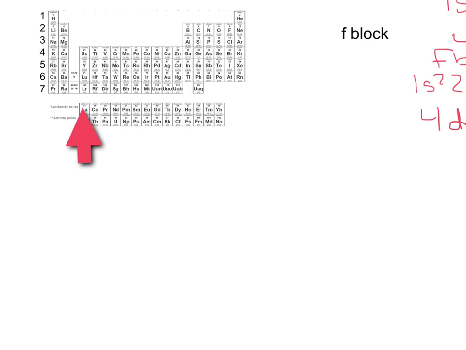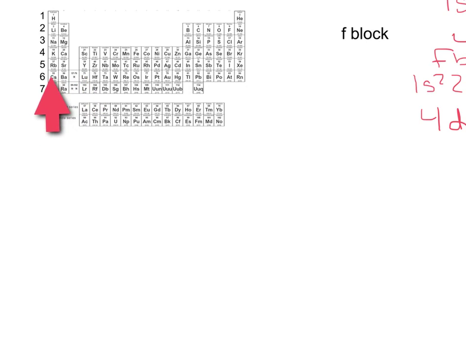So we already did La, pretending as if La were plugged in right here. Now let's do Lu. And if you look, you need to go in numerical order. So 55, 56, 57, 58. So in order to do Lu, it's not the same thing as La. La was just 6s2 and then 5d1, because remember he's plugged into here.